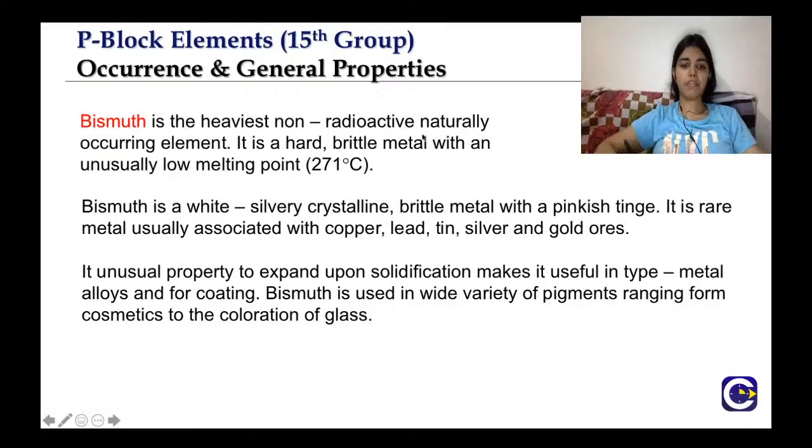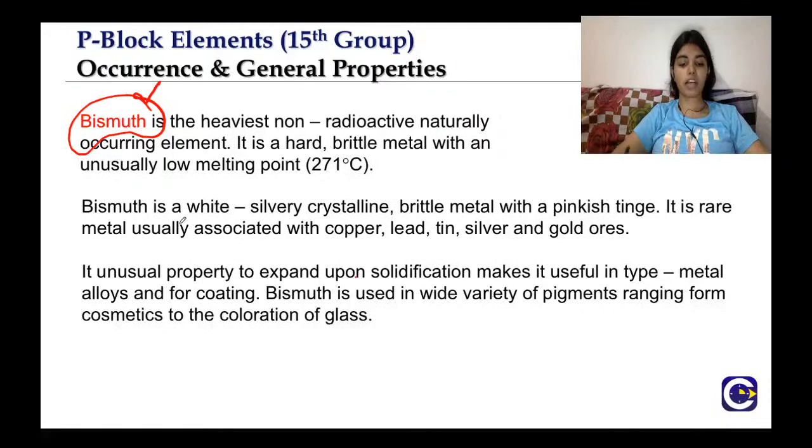So bismuth is the heaviest non-radioactive naturally occurring element. It is a non-radioactive element, and it occurs naturally. It is a hard, brittle metal with an unusually low melting point. So bismuth is a metal, right?